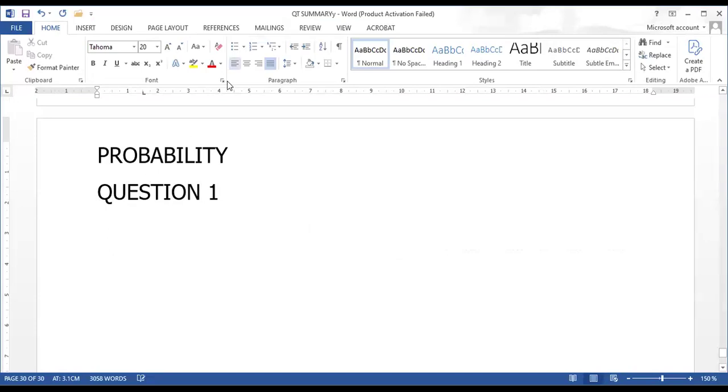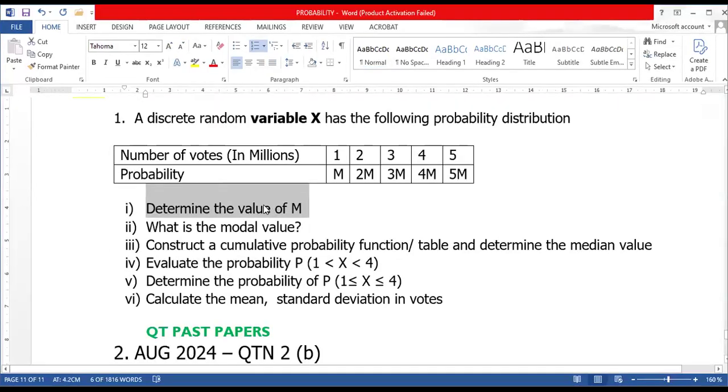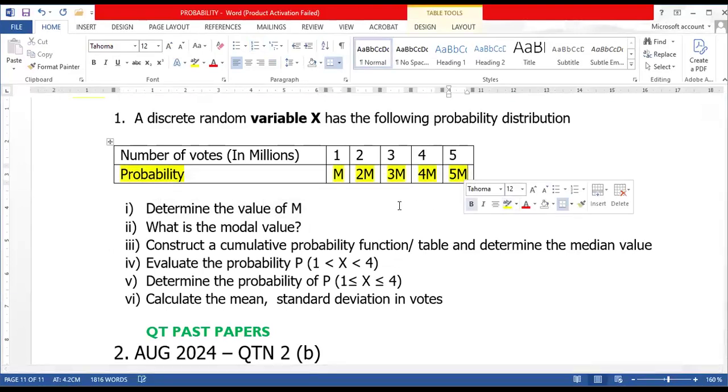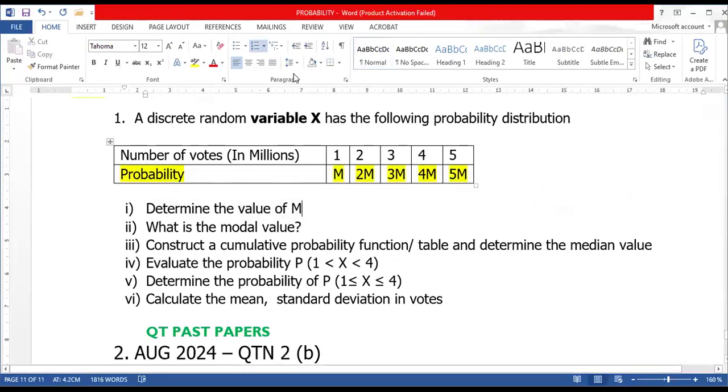Remember, when you look at our question, you are given probabilities here. When you're dealing with probabilities, always know that the sum of the total probability should be equal to 1. If you add all the probabilities given, the total probability should give you 1.